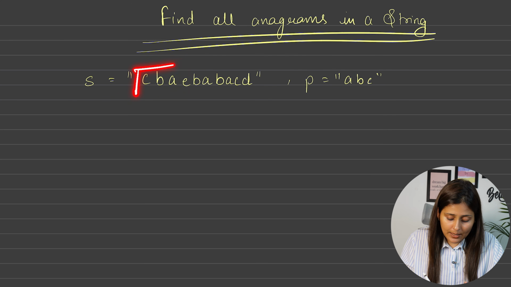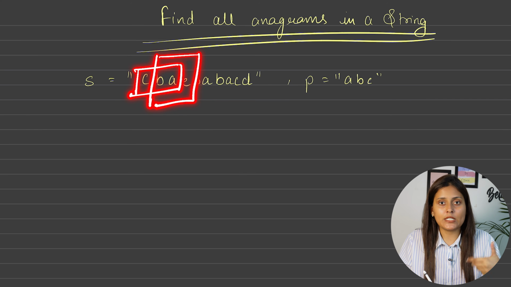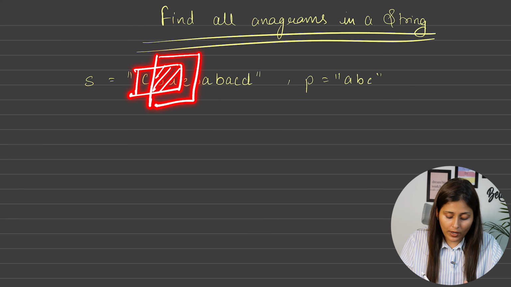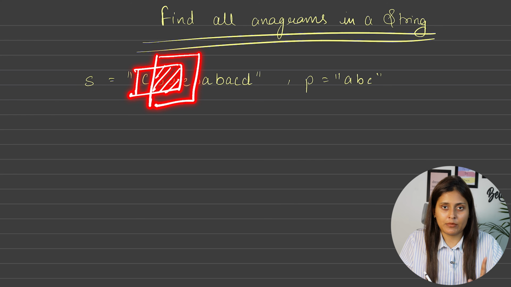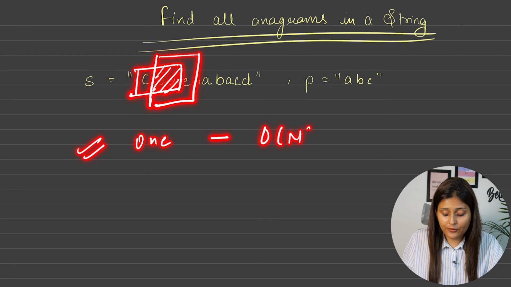So for this substring in the previous case and the second substring, we were calculating all character frequencies again and matching. But don't you think for this middle one we already calculated, so why are we doing that again? That means repetition. Also previously we were using two for loops, but in sliding window we only use one for loop, and hence we reduce the time complexity from O of n square to O of n.